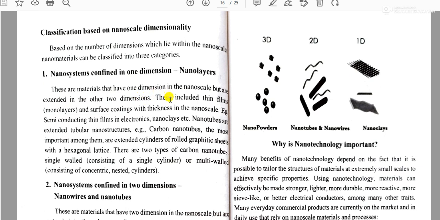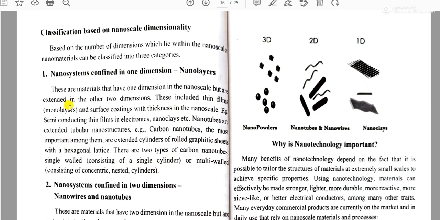Thin films or nano layers or nano coatings, all these are surface coatings with thickness in the nanoscale. All these are examples of nanosystems confined in one dimension.